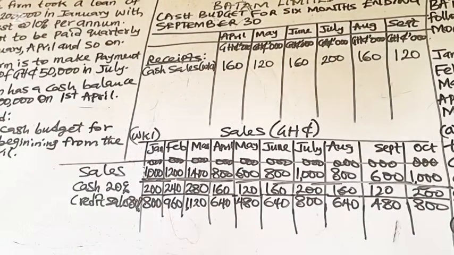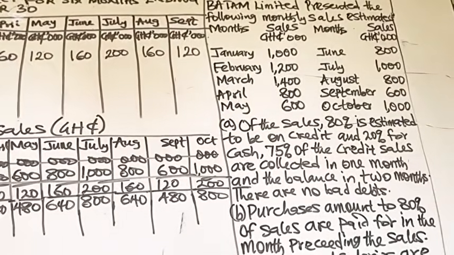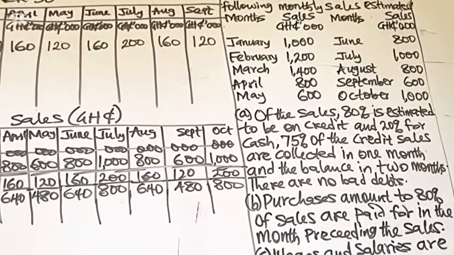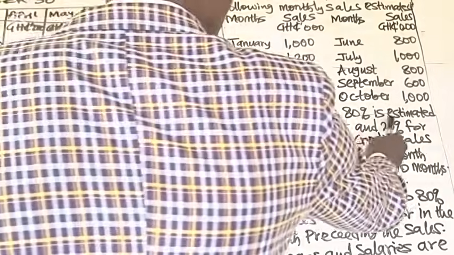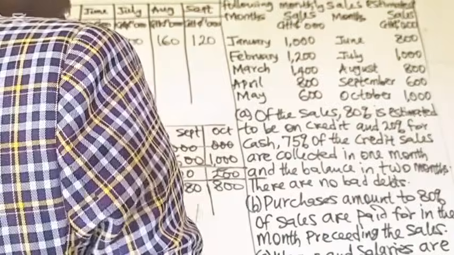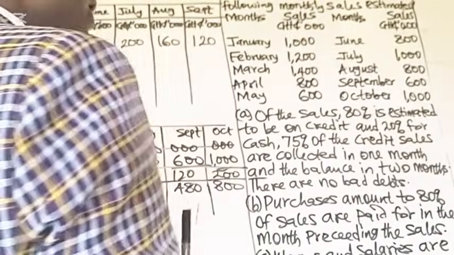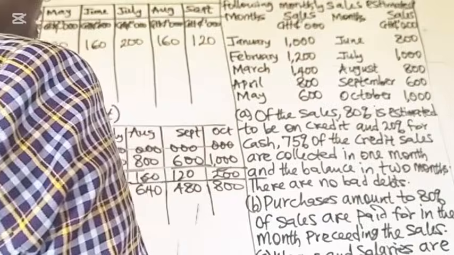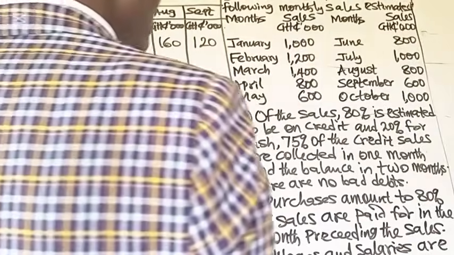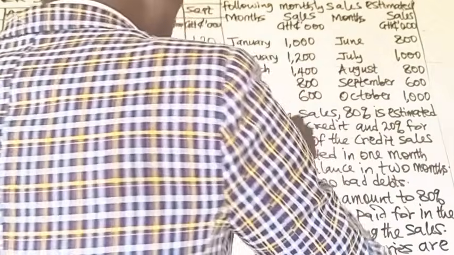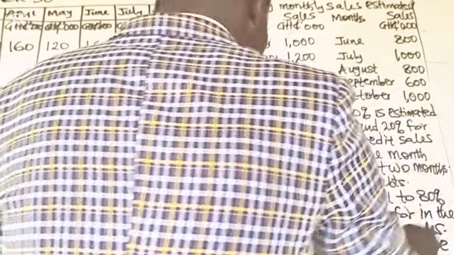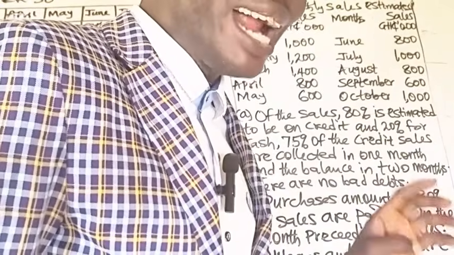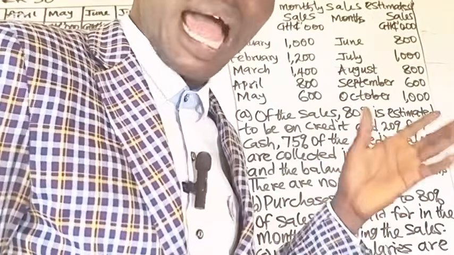But now we want to deal with the credit sales. If you look at the information about that, you were told that of the sales, 80% is estimated to be on credit, and that has been calculated. And 20% for cash, this has equally been calculated. Of course, we've included the cash sales in our cash budget. Then 75% of the credit sales are collected in 1 month. What does that mean?